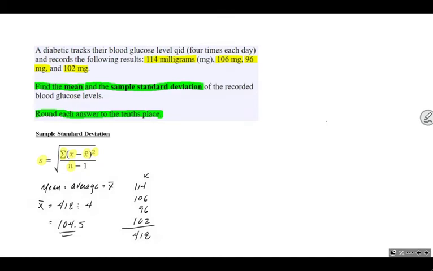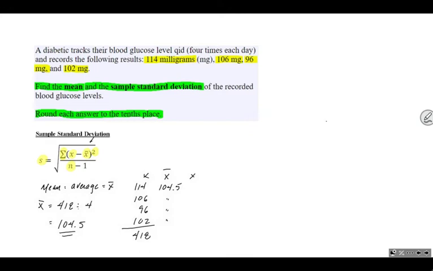When working with standard deviation like this, it's often useful to build a little table and tabulate our results in the table. Let's go ahead and write down our x bar value here. That's going to be 104.5, and that's going to be the same for each of these in our table. And our next column in this table, let's go ahead and calculate what we need right here.